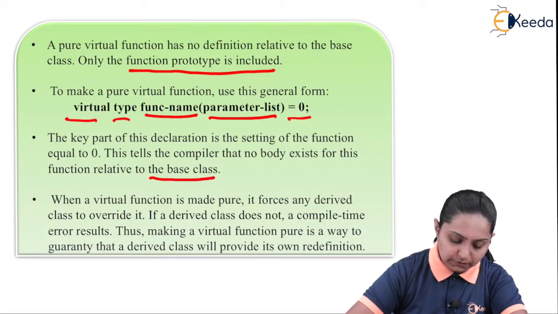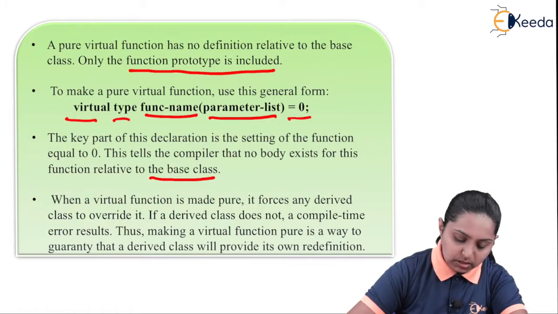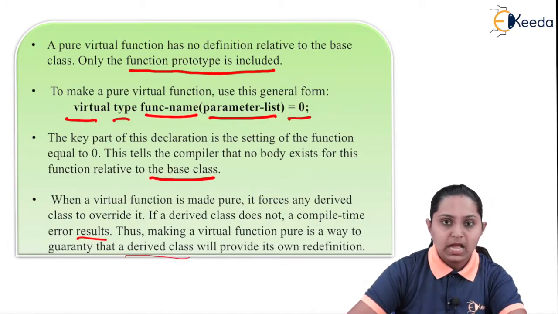When a virtual function is made pure, it forces any derived class to override it. If the derived class does not, a compile time error will result. Thus, making a virtual function pure is a way to guarantee that the derived class will provide its own redefinition.